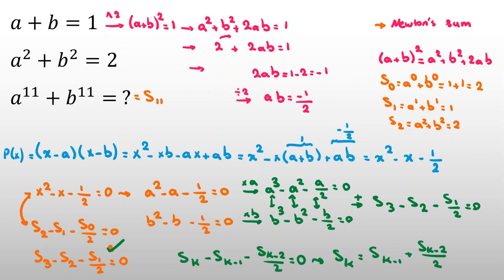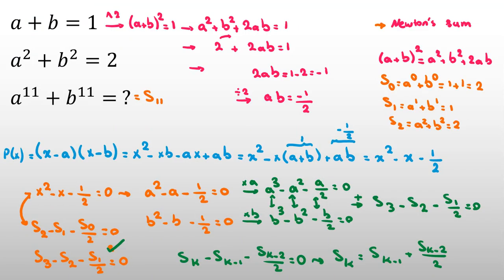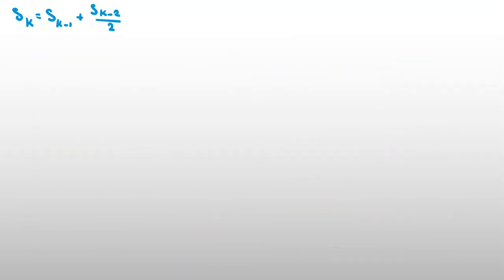So let's rewrite all the things that we've reached here. Sk equals Sk-1 plus Sk-2 over 2. And S0 is 2, S1 is 1. Let's write here.